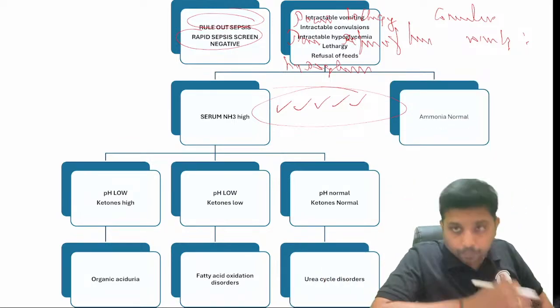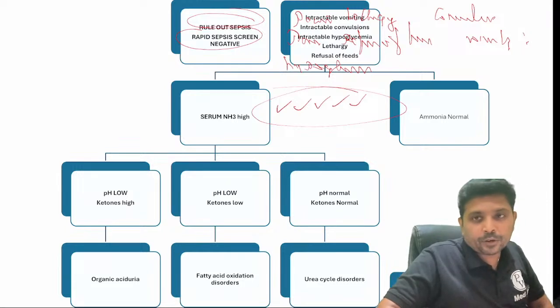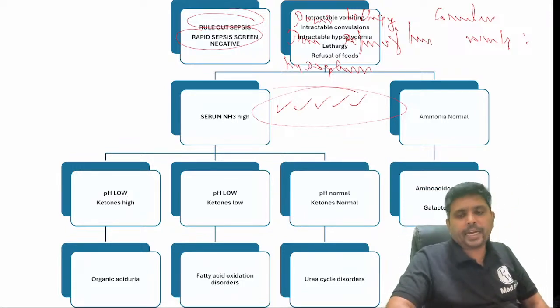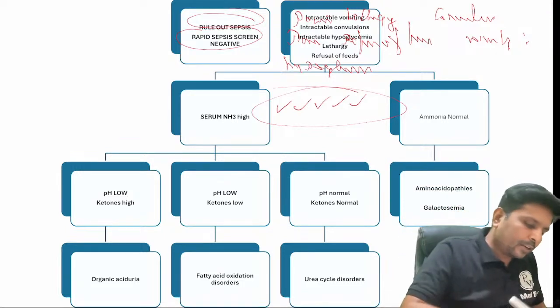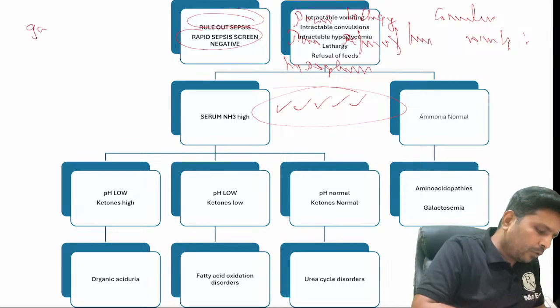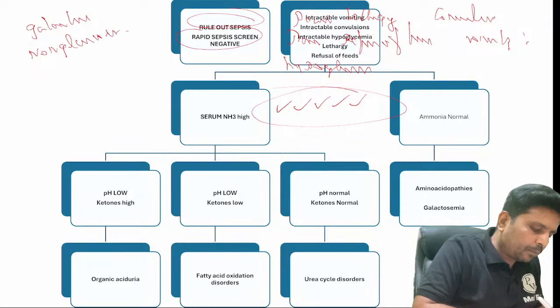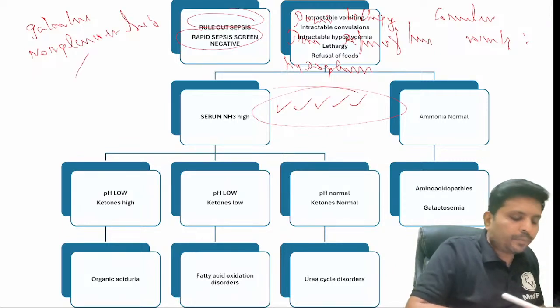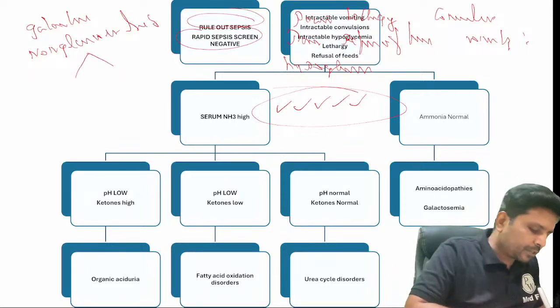Okay, when ammonia is normal, it can be aminoacidopathies or it can be galactosemia. In galactosemia, one more important clue is that non-glucose reducing substances are more. So what do you mean by non-glucose reducing substance?